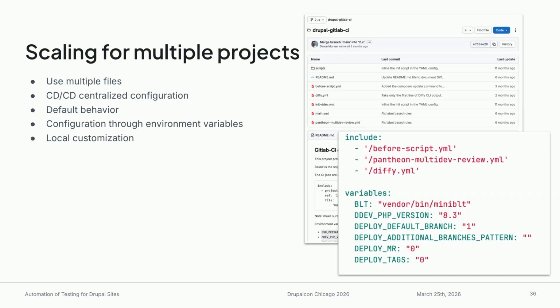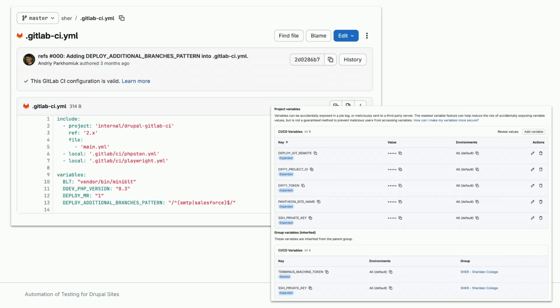What we do in order to consolidate, that's a nice feature of GitLab, but it exists also on other systems, is have a single project that's the reference repository for the CI configuration. And on an actual project, we're going to reference that. You see on the left, the CI configuration of one project is just referencing our canonical configuration.